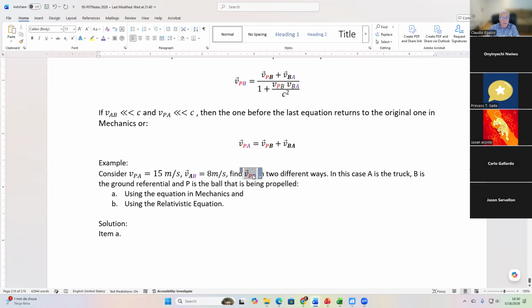You want VPB, so you should memorize, it should be VPA plus VAB, like that.